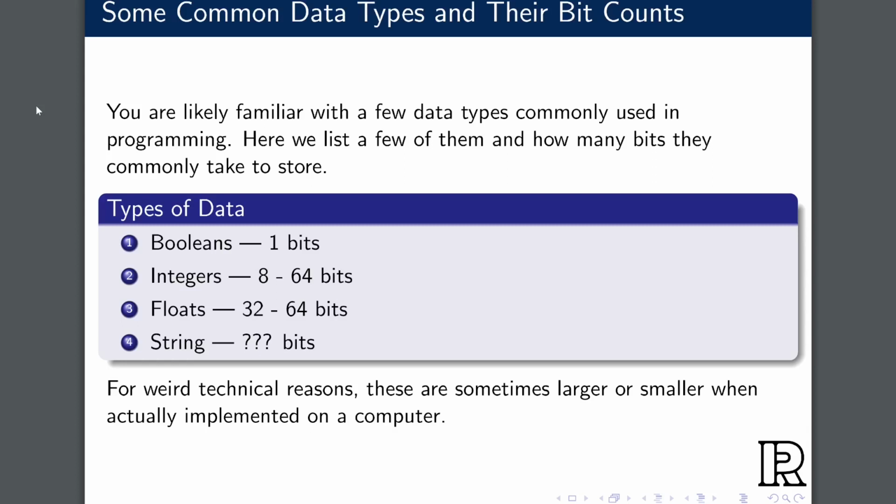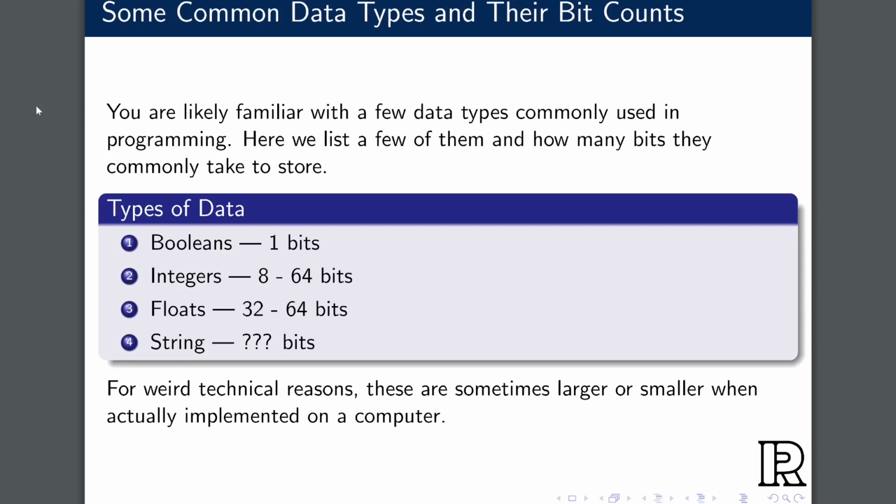Often integers are stored anywhere between 8 and 64 bits. And the subject that we're going to be talking about most today, floating points, usually are either 32 or 64 bits. And a string is kind of any amount of bits within reason. There's not really a good guide on exactly how many bits a string is going to contain.